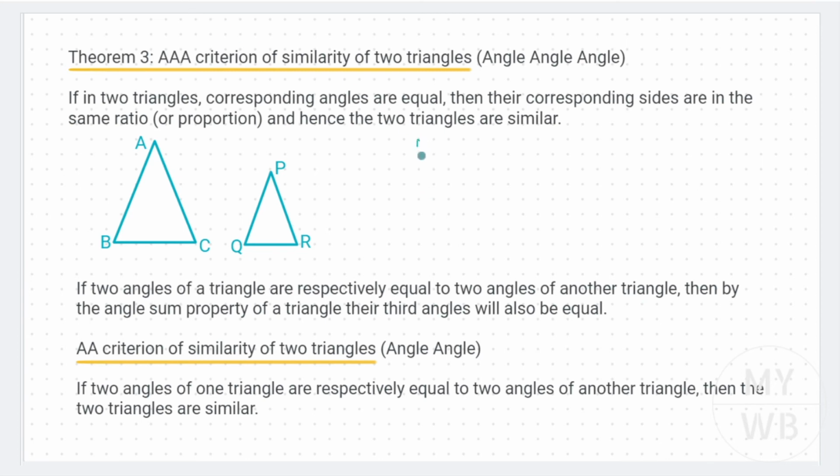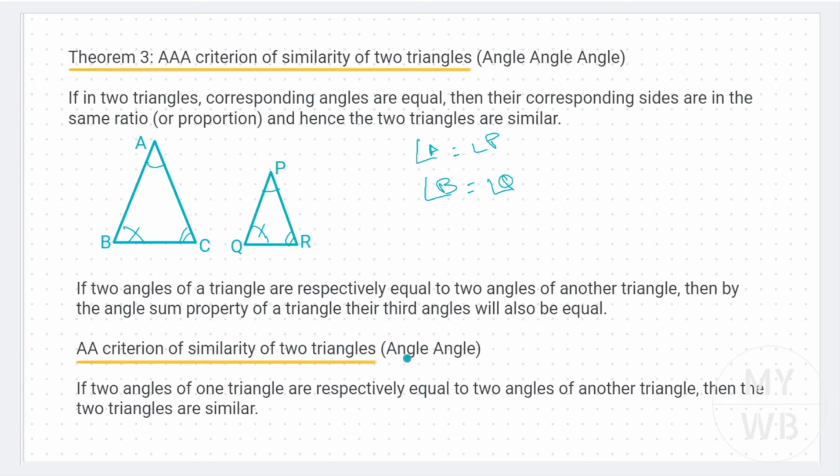So if we know that angle A is equal to angle P and angle B is equal to angle Q, only two pairs of angles are equal, then also we can conclude that these two triangles are similar because automatically the third pair of angles will also be equal.